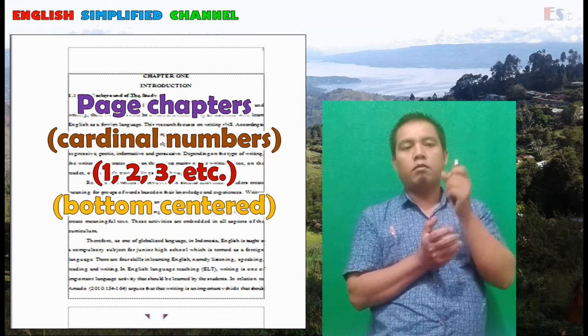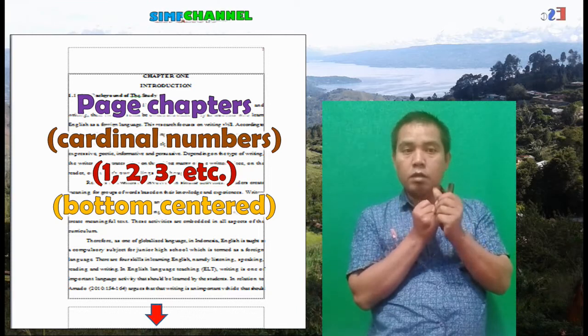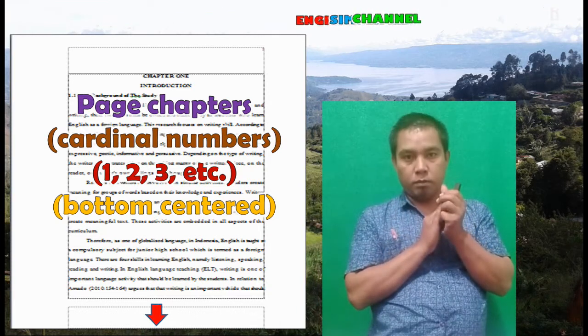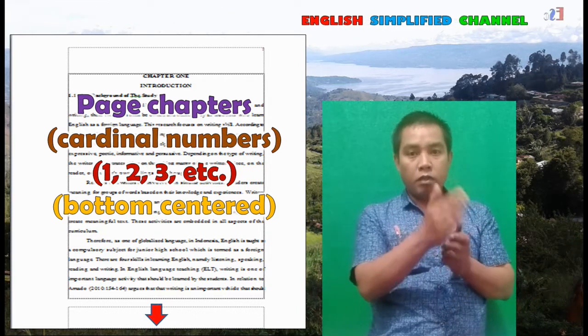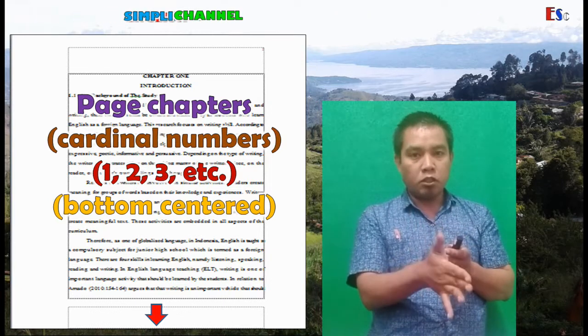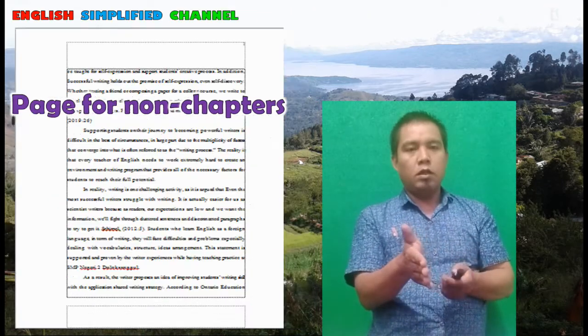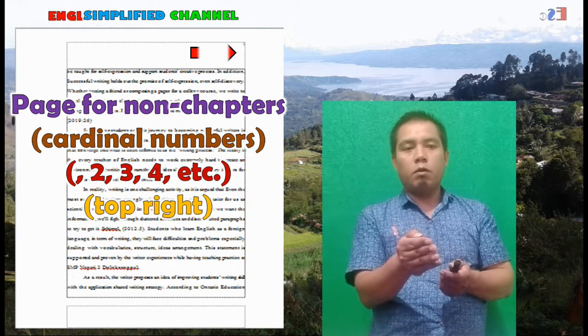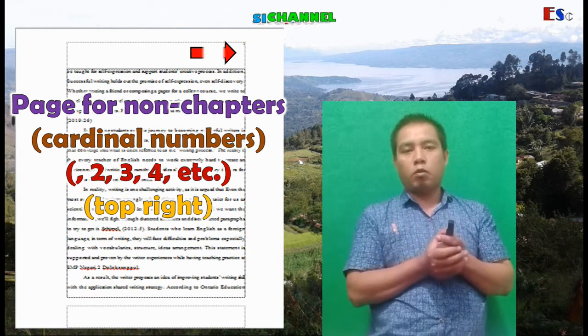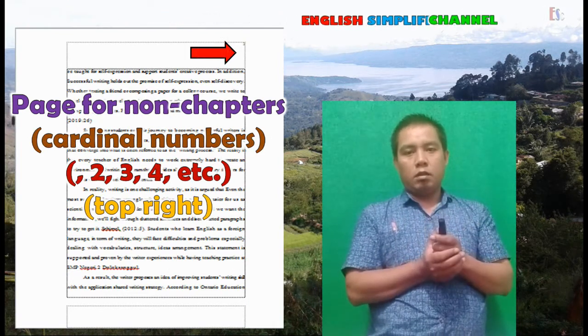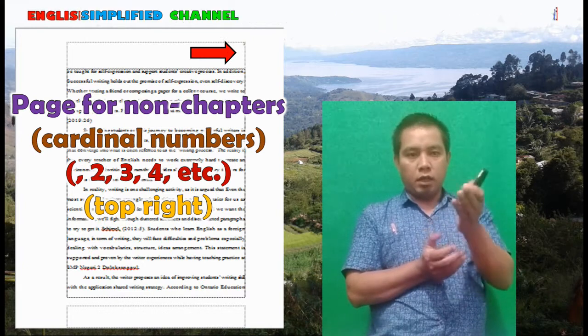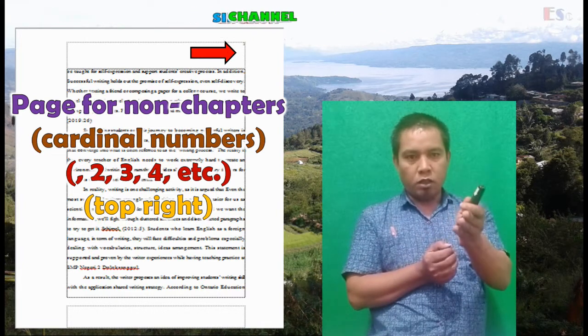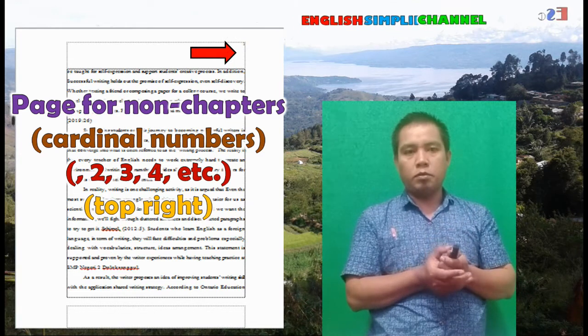So only for chapter 1, 2, and 3. While out of these, the rest of the pages out of chapters, the position of the page is top right, as you can see the arrow. And again, you have to write it in the form of cardinal numbers.